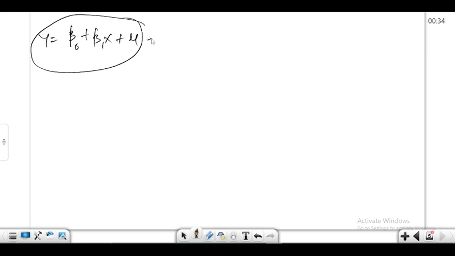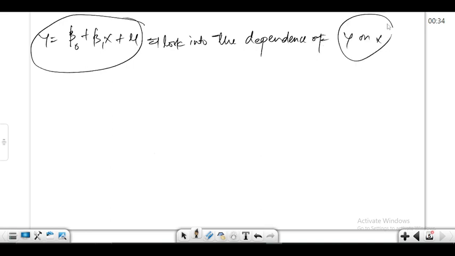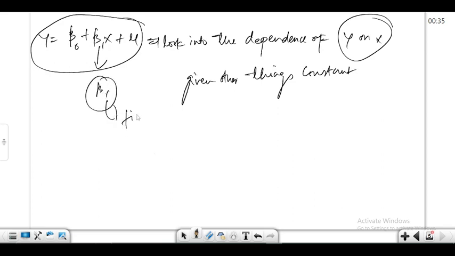The model is created to look into the dependence of y on x. So we have to check how y is dependent on x given other things constant. Okay. So what we are interested in is estimating the value of beta 1. Beta 1. Okay. So we have to find this value.